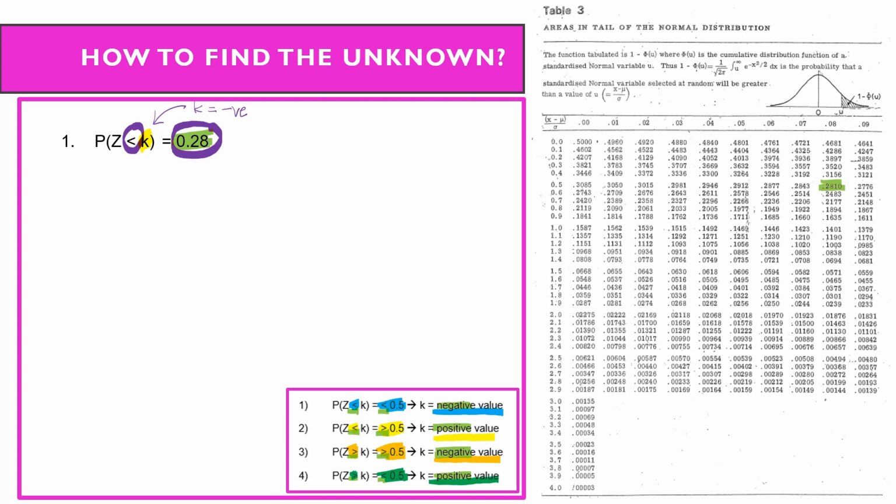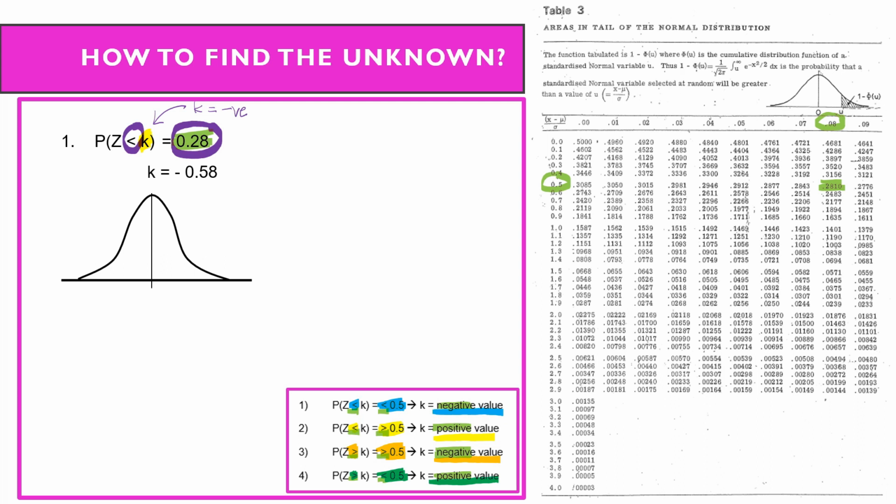So the value here is 0.5, and the second decimal place is 0.08. Therefore, k equals negative 0.58.